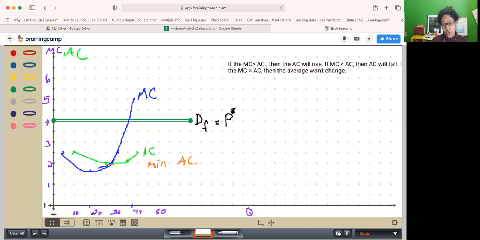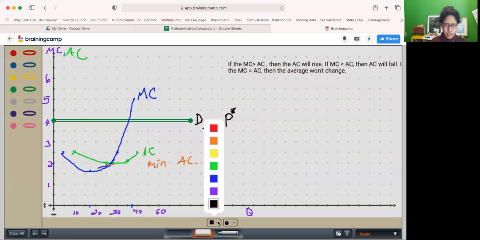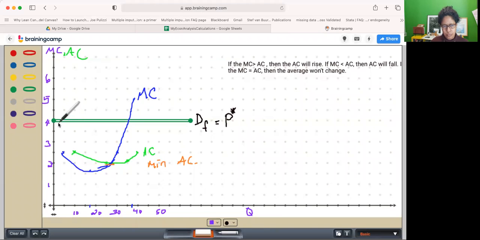And so as long as the firm can make money, meaning that that price is above the marginal cost, the firm is going to keep producing. So we can see that for all of these units, the price that they receive is above marginal cost, right here. That's just exactly right.